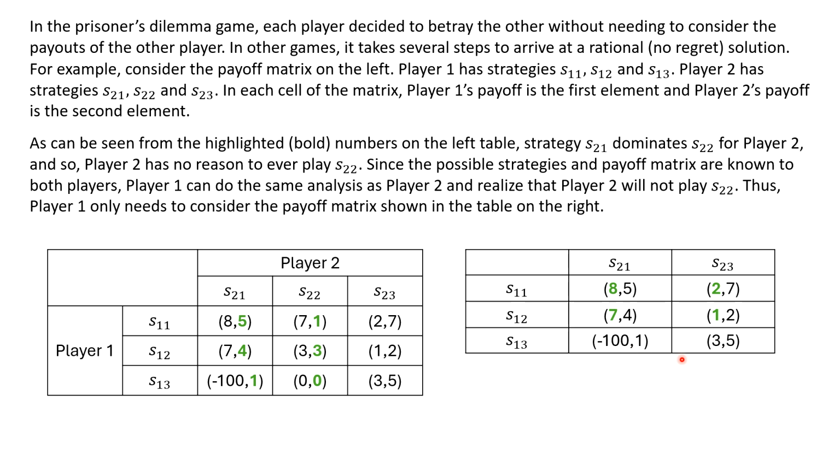And that brings us to this second matrix here. So we haven't found a no regret solution yet, but we've simplified the problem. We've eliminated one of the strategies for player 2 because it's dominated by S21. So let's continue with this matrix on the right on the next slide.